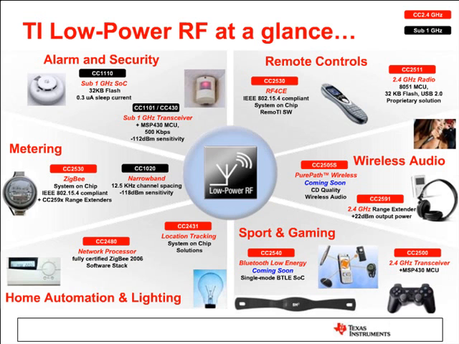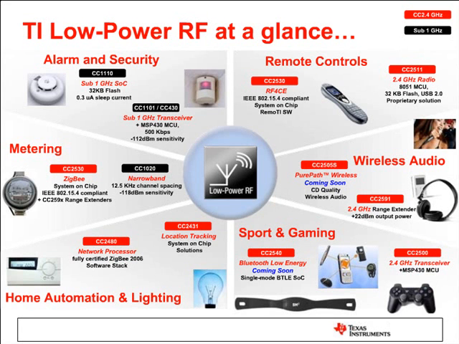In the 2.4 gigahertz space, you have a worldwide frequency band that's unlicensed, so a lot of different standards have chosen that frequency band, and of course we have products there in terms of remote controls, RF for CE, where you see the 2530 and 25. Anytime you see a 25XX, it's going to be a 2.4 gigahertz radio. We have some wireless audio products, sports and gaming.